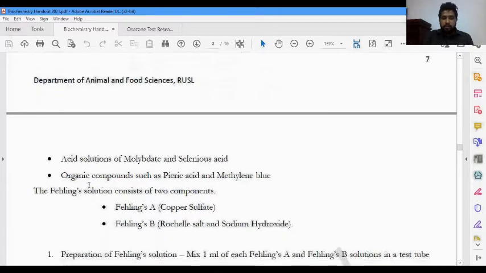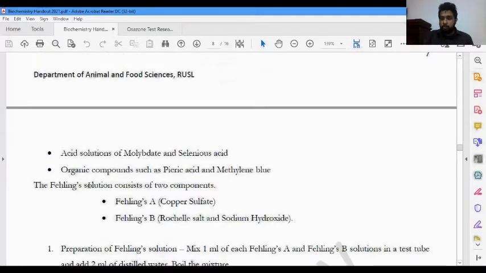You know that Fehling solution consists of two components, Fehling's A and Fehling's B. Which one of these two components is blue in color?